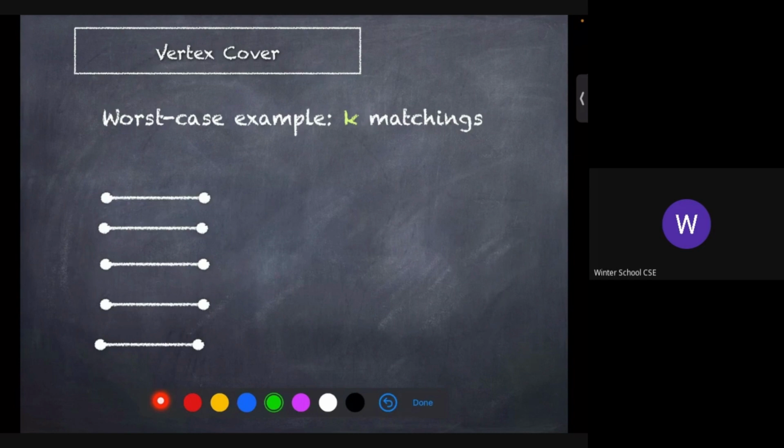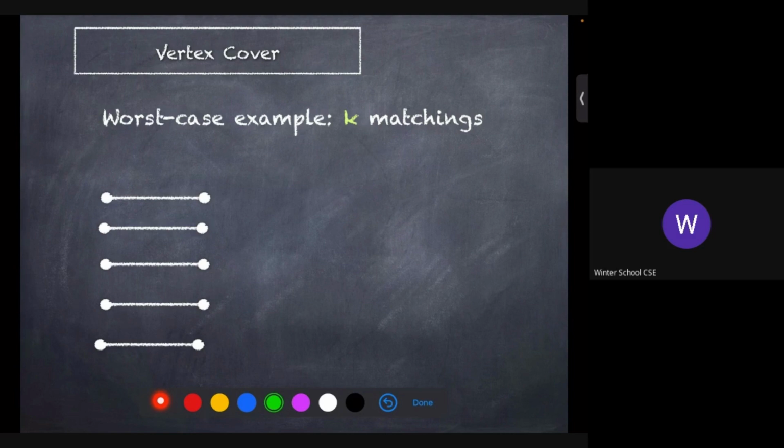Sometimes it's even easy to see that your algorithm is optimal, in the sense that you can construct examples of graphs where your algorithm will take exactly the time that you predict. And here is exactly the case.